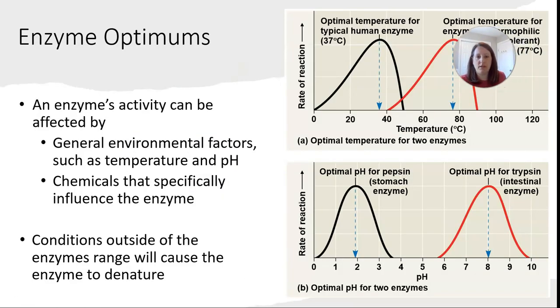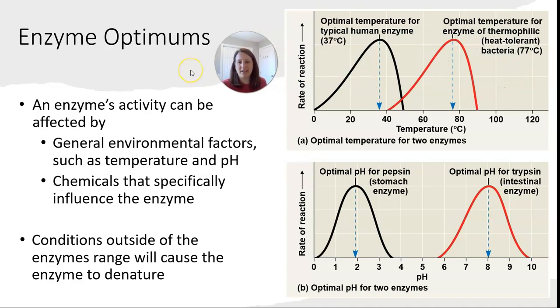Okay, so I have to mention here that enzymes are going to have optimums. So there are going to be specific conditions which are going to be optimal for enzyme function. And if we get out of that window, that range of optimal, in this case, temperature or pH, the enzyme will not work. Okay?